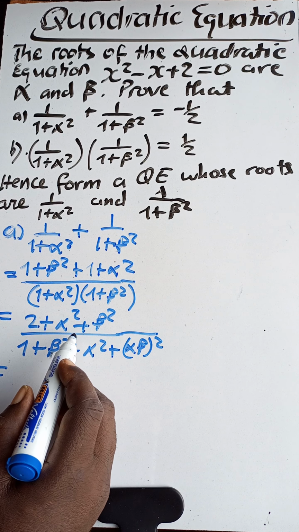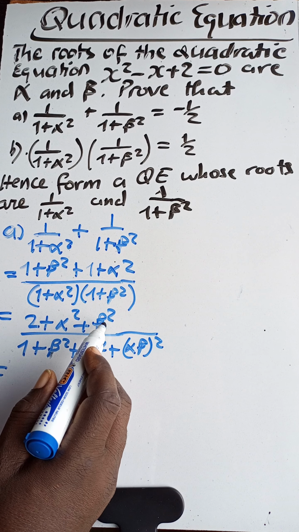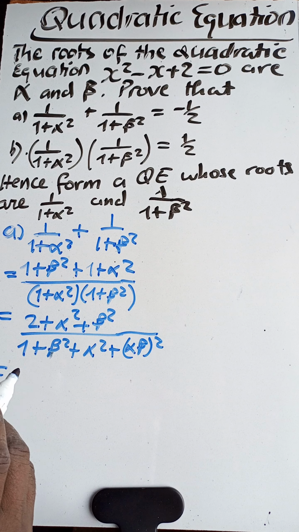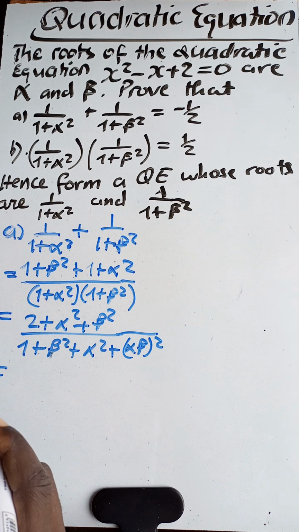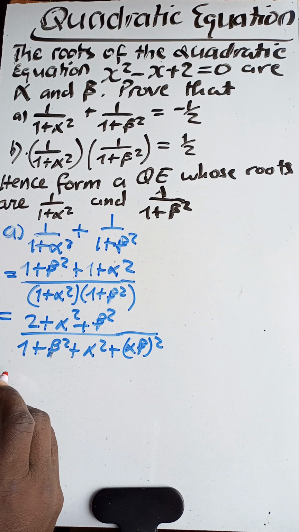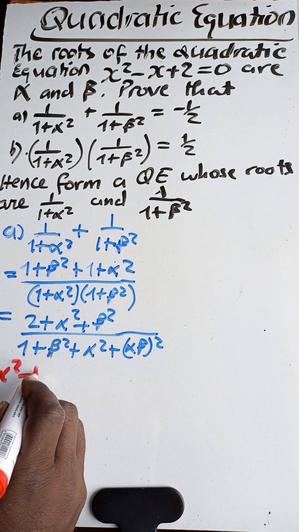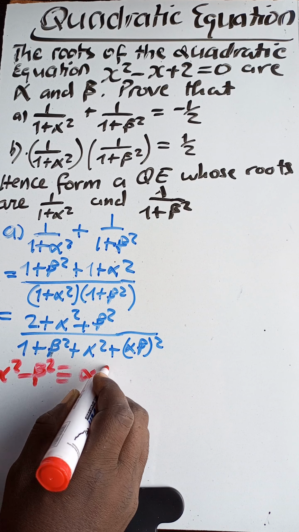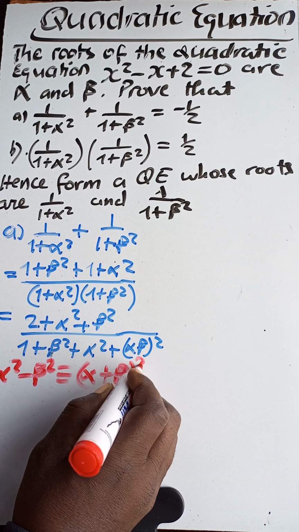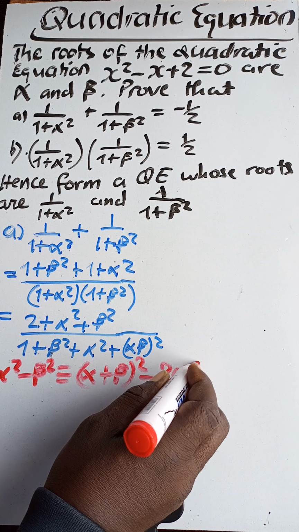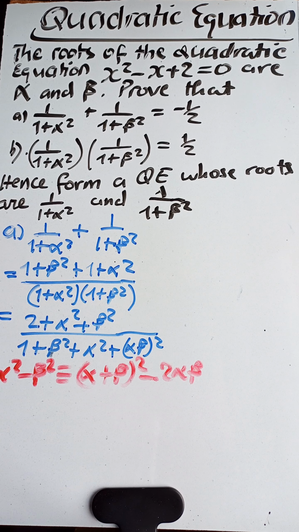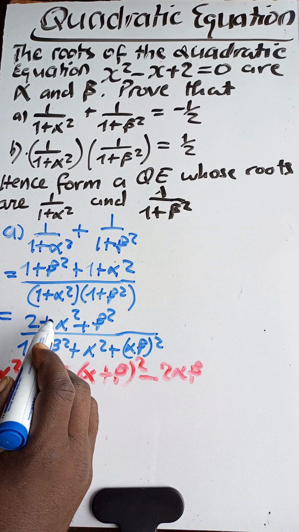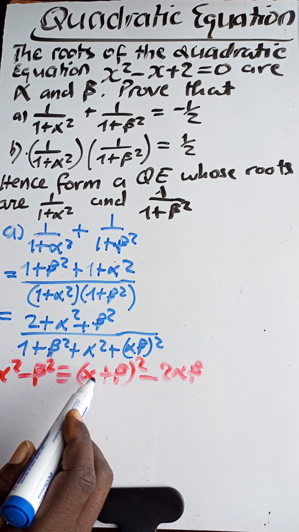Now, we know from the identity that alpha squared plus beta squared is the same as alpha plus beta all squared minus 2 alpha beta. So when we use this identity, we're going to replace alpha squared plus beta squared with this.